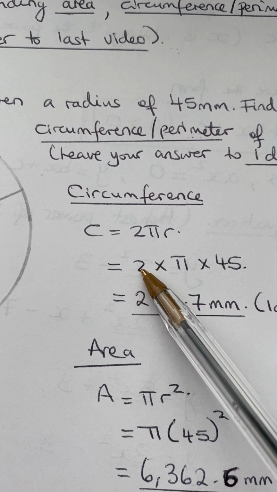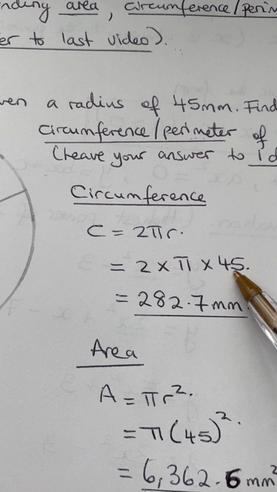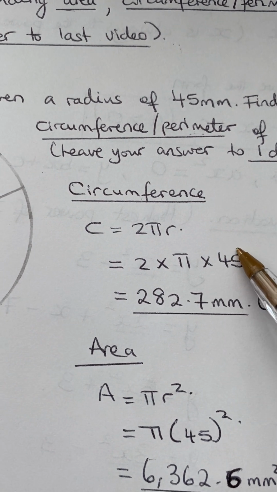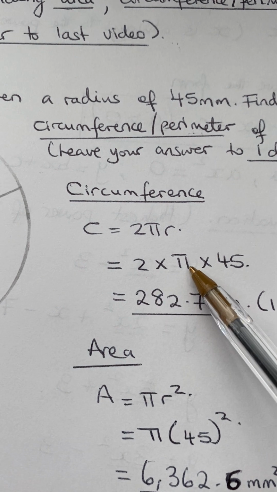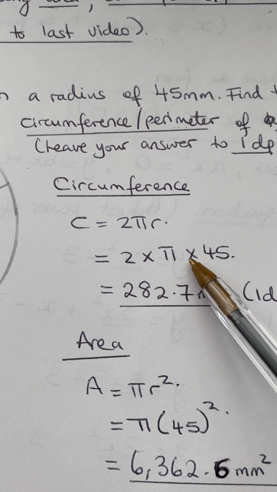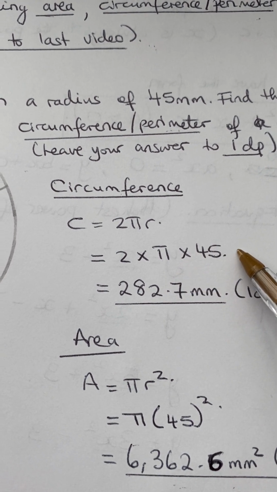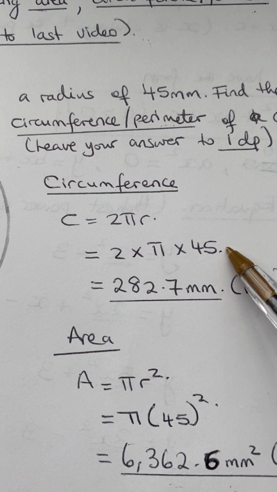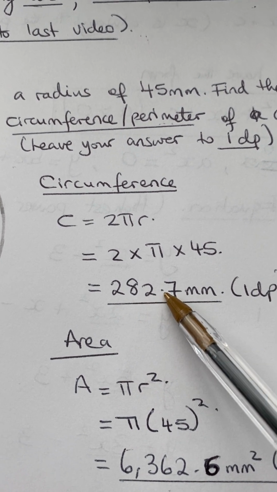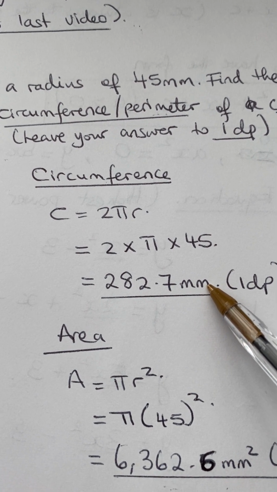If you multiply 2 times 45, which is our r, and multiply again by pi, by now you know how to use your calculator to do the pi calculations, you should get 282.7 millimeters.